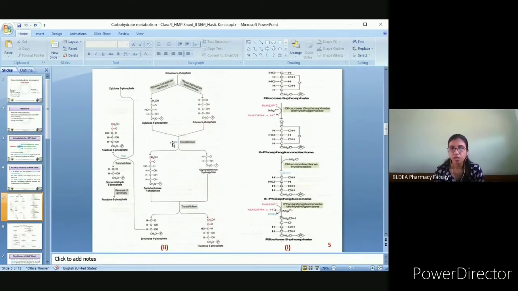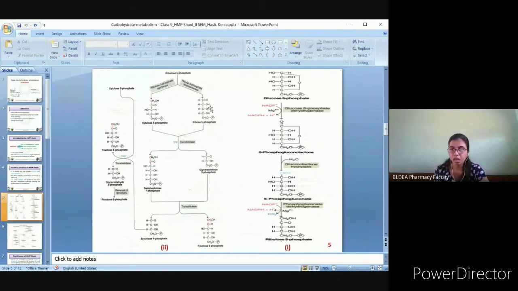Now this transketolase will utilize TPP, that is thiamine pyrophosphate, a coenzyme. Right, now xylulose and ribose will combine in the presence of transketolase utilizing TPP as a coenzyme. This will result in the synthesis of sedoheptulose 7-phosphate as well as glyceraldehyde 3-phosphate. So you can see here is a 5-carbon and a 5-carbon.